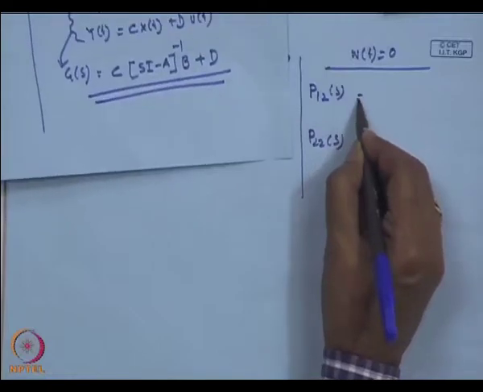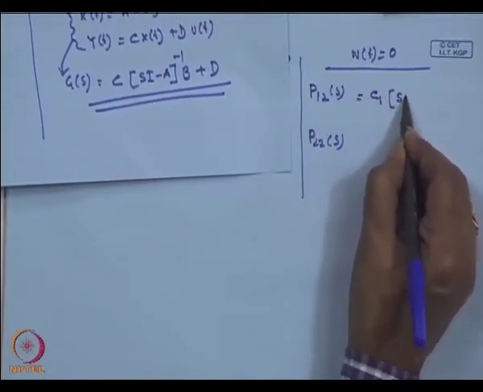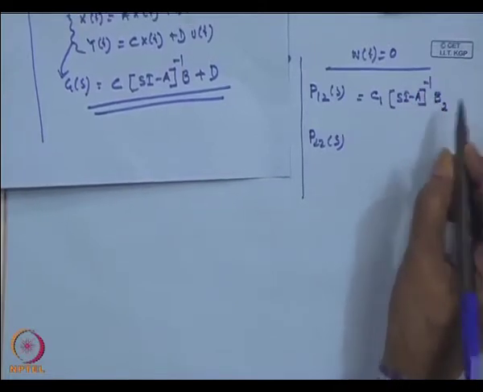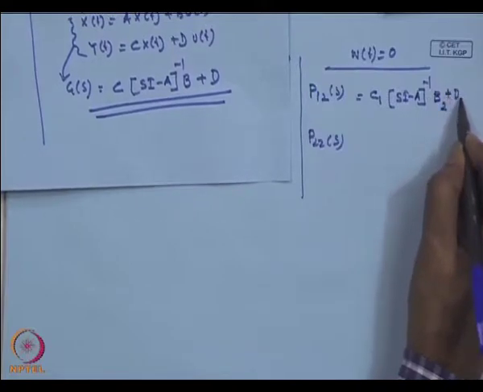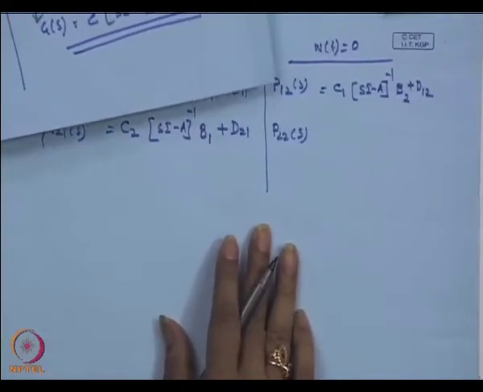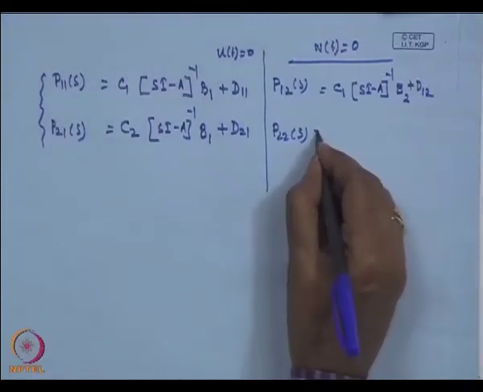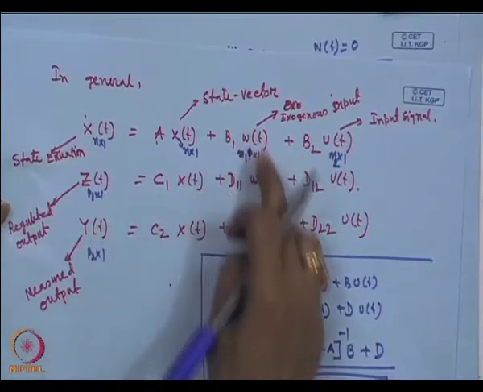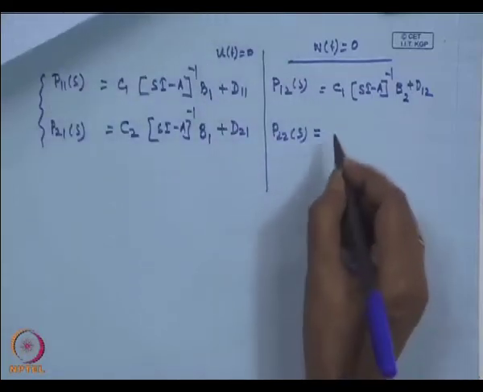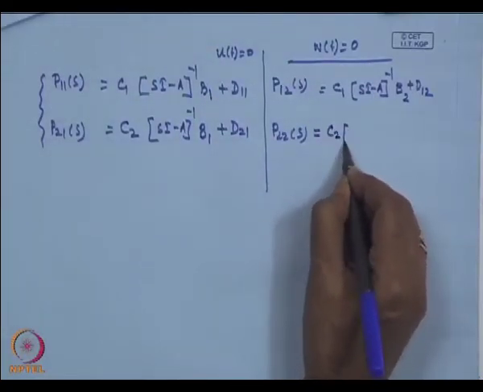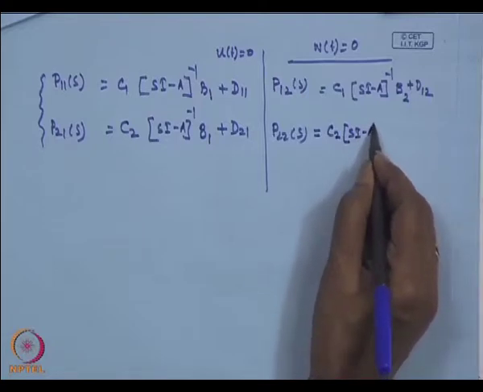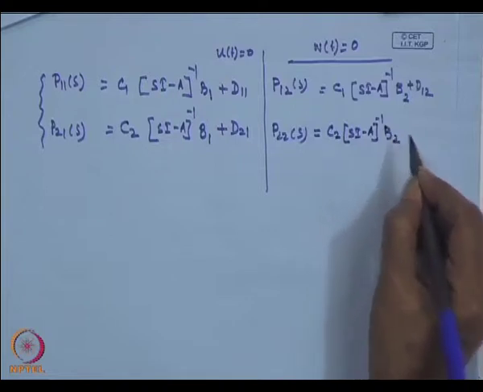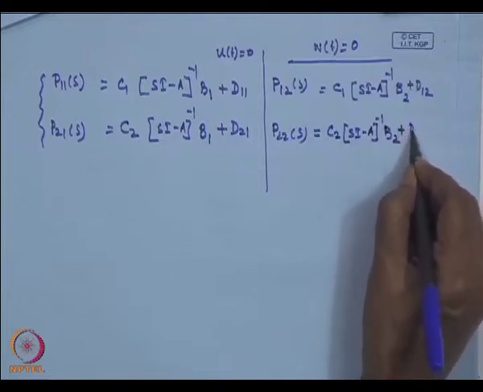Again, P12 is C1 (sI minus A) inverse B2 plus D12. Similarly, between the input and the output when w of t is 0, you can write C2 (sI minus A) inverse B2, then D22.